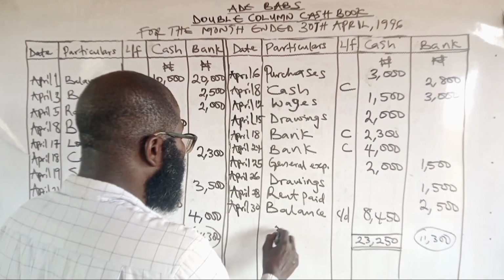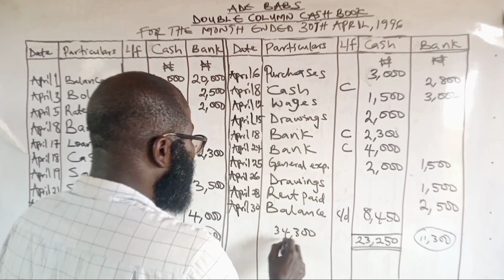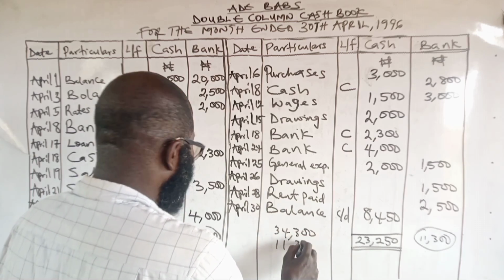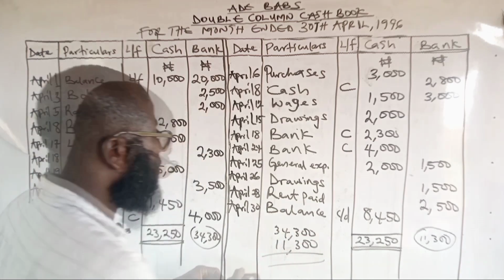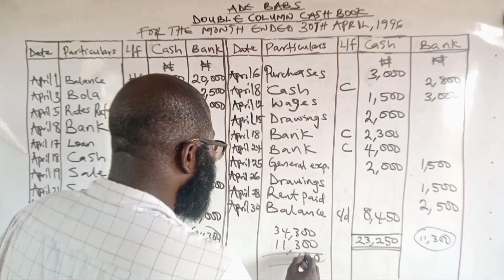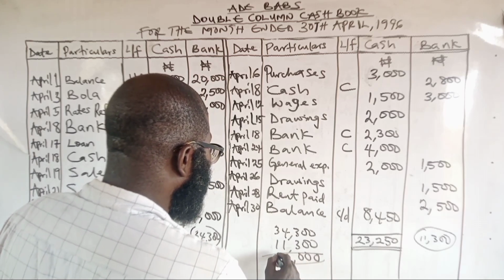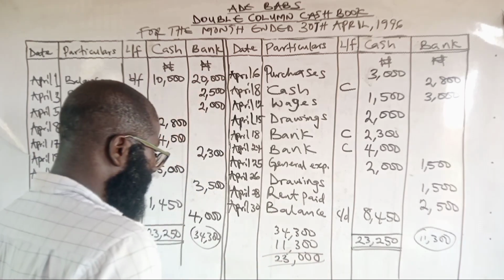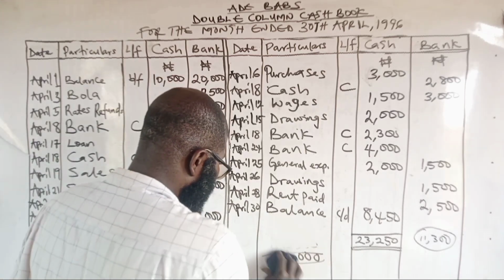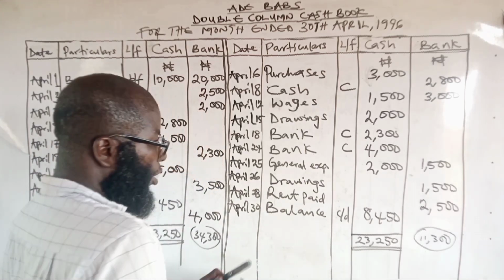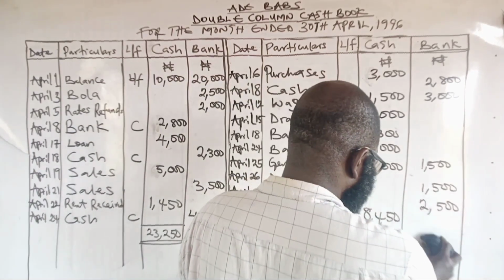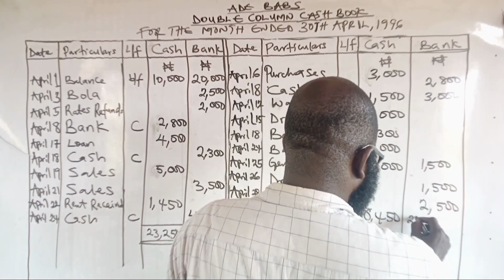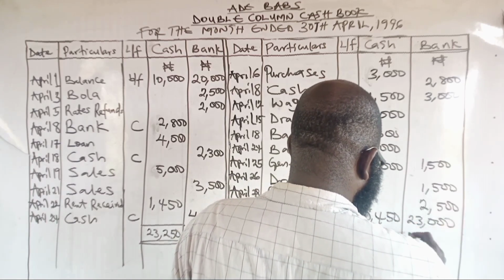Then you take it away. 34,300. Take away 11,300, then 0, 0, 0, 3, 2. We have 23,000 naira. You will now come here, come to this side, 23,000 naira.